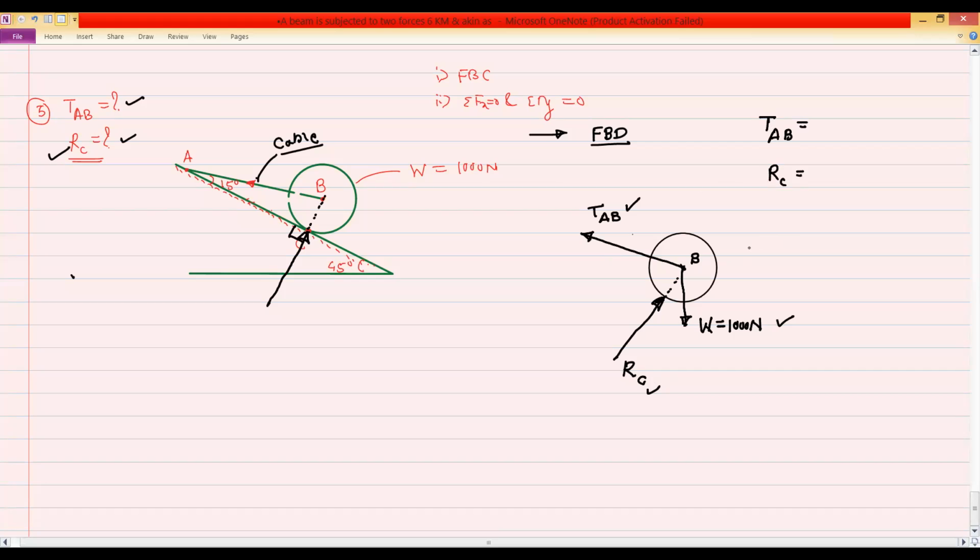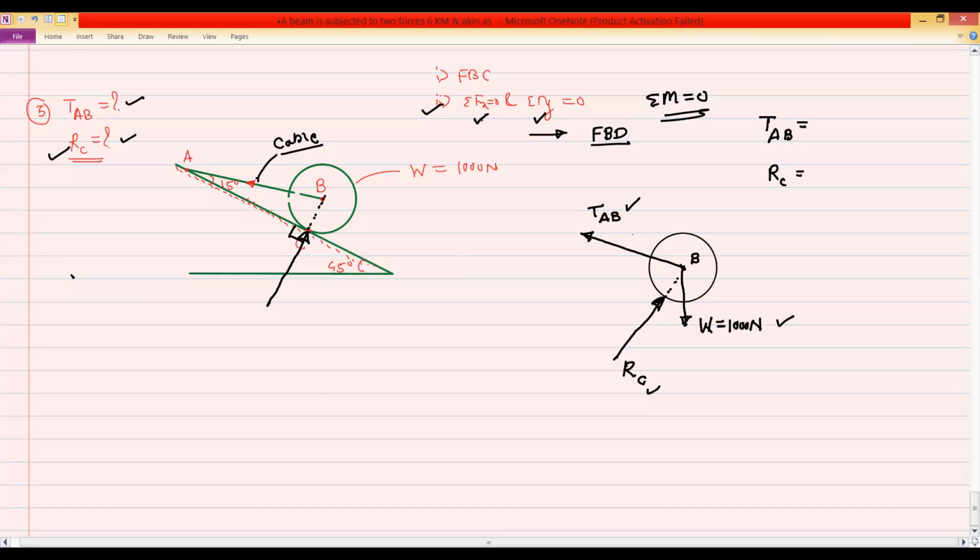When we solve this problem, we have two equations: summation Fx equal to 0 and summation Fy equal to 0. Basically this is a concurrent force system. All the forces pass through the same point. So we will not use summation of moment equal to 0. For such a problem, we only use summation Fx = 0 and summation Fy = 0.